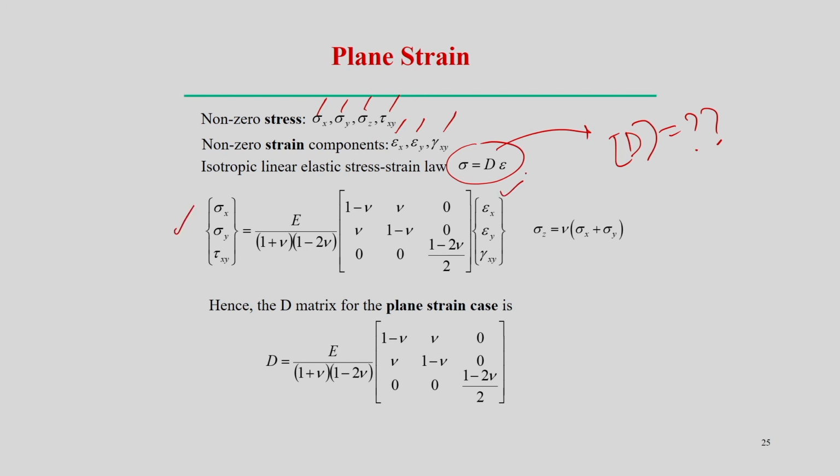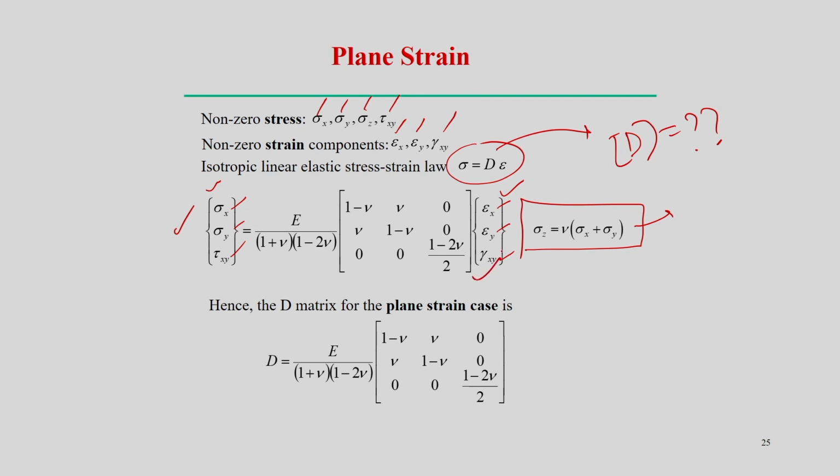These are the 3 strain components and these are the 3 stress components, and of course we have not included sigma z in this particular expression. Once we estimate sigma x and sigma y from here, we put their values and we will be able to find the value of sigma z. So these are the 3 stress components, sigma x, sigma y, and tau xy, a column vector, and this is epsilon x, epsilon y, and gamma xy, also a column vector in terms of the strain.